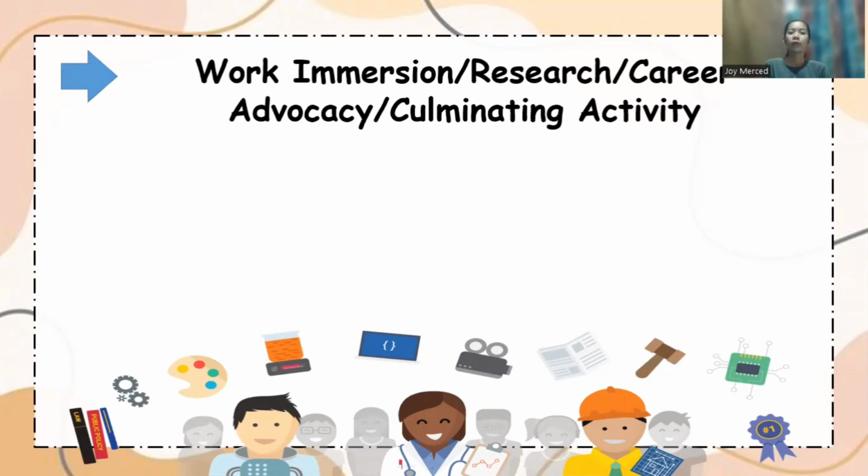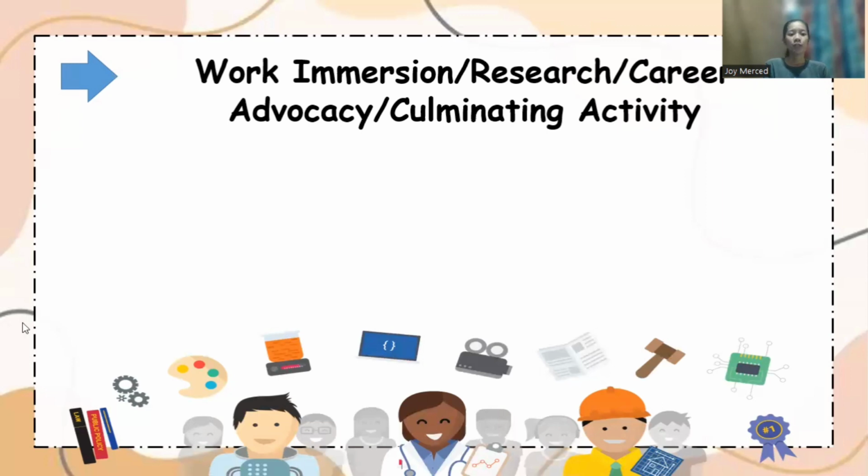However, subjects to be offered will depend on the school's capability. This is a time that serves as the avenue for the learners to showcase the skills they have learned from their senior high school years.